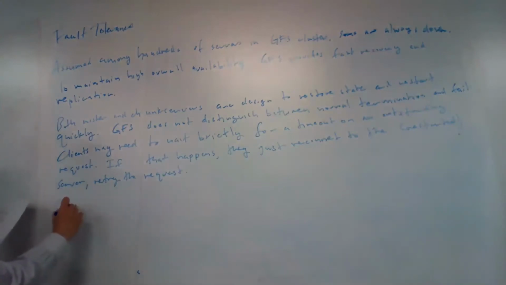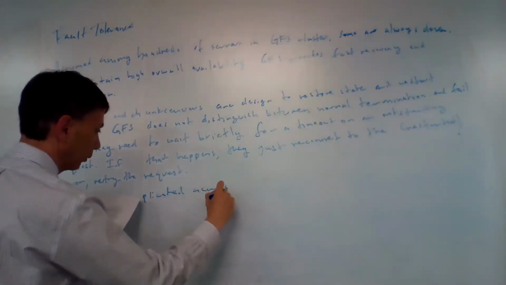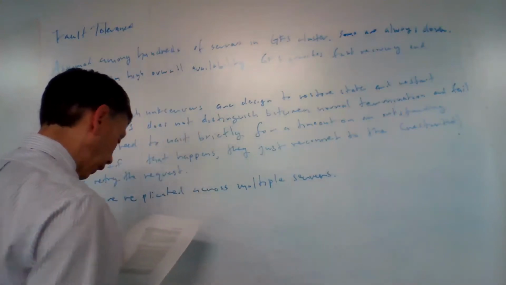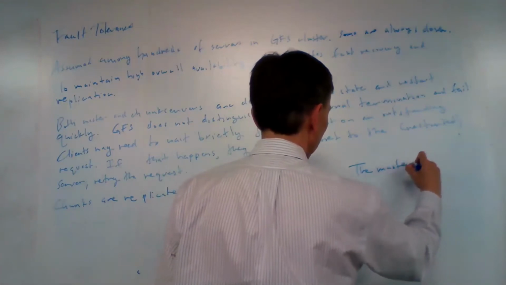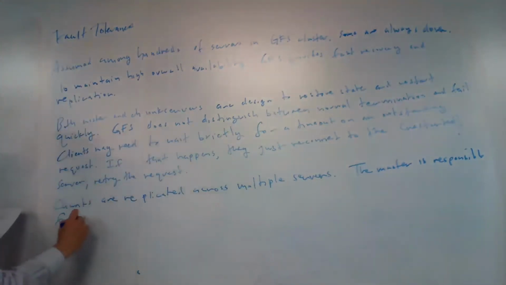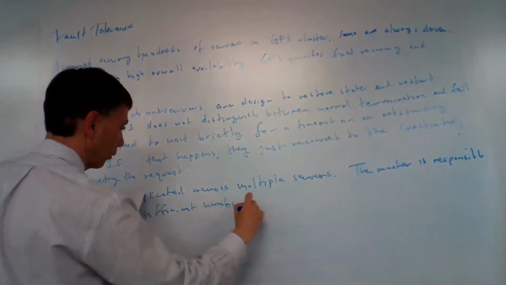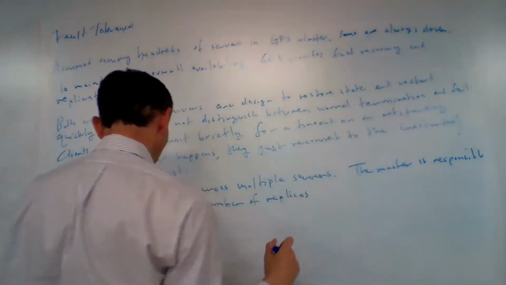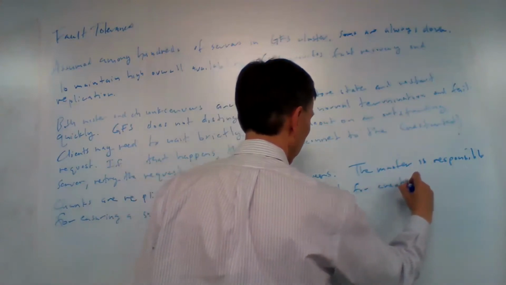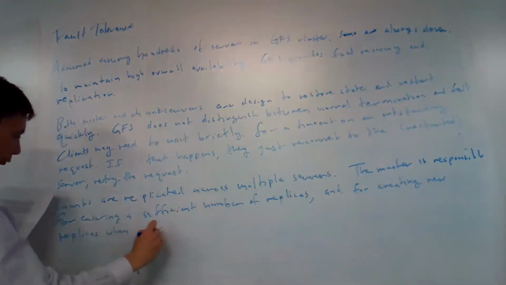And so chunks are replicated across multiple chunk servers. And the master is responsible for ensuring a sufficient number of replicas, and for creating new replicas when a chunk server fails.